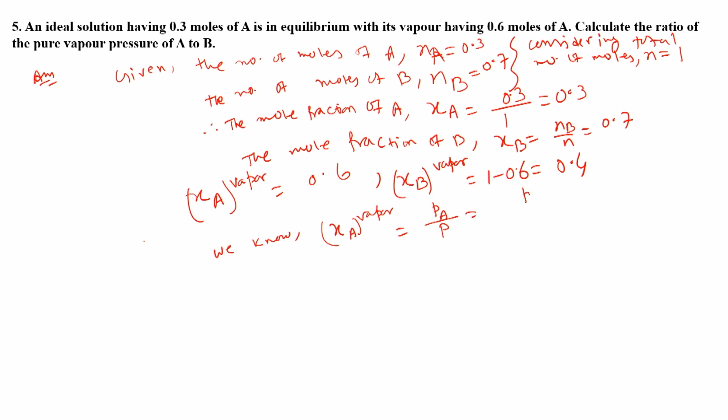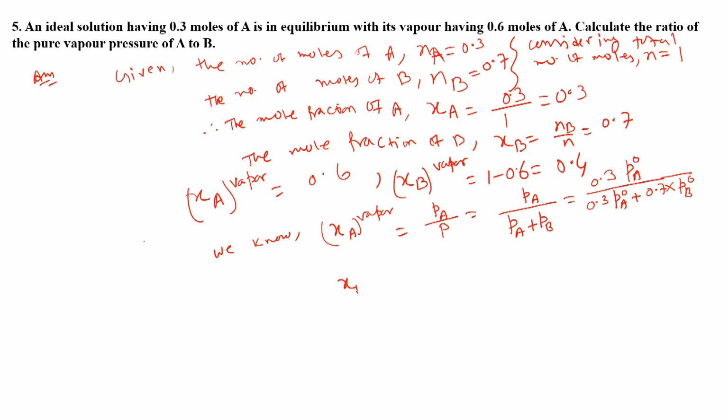So we write Pa by the total pressure, which is Pa plus Pb, the partial pressure of component A plus the partial pressure of component B. We can write this as 0.3 times Pa naught, where Pa naught is the vapor pressure of pure component A, over 0.3 times Pa naught plus 0.7 times Pb naught.